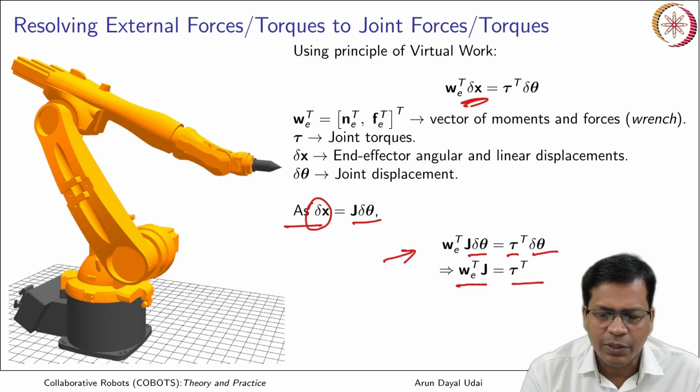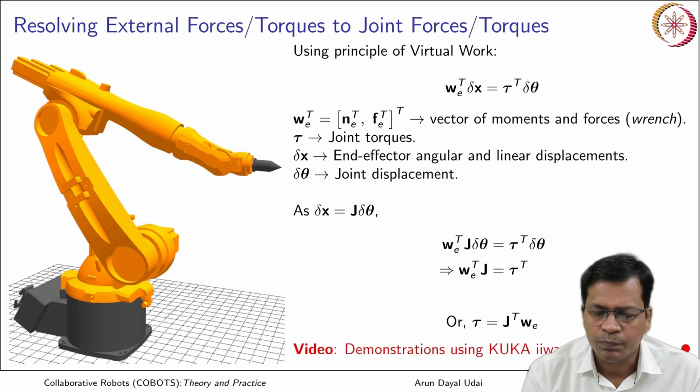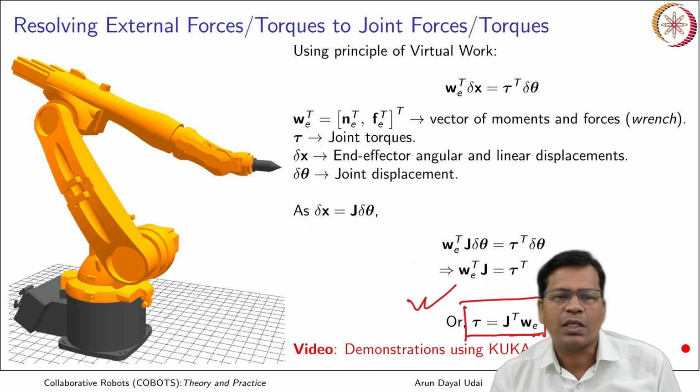Mind it, the Jacobian can be a square matrix or may not be a square matrix. In that case you have to use J dagger, the pseudo-inverse, if you want to calculate the wrench for the corresponding joint torque. So tau is equal to J transpose of W_E. This is one of the most fundamental equations which we are going to use in control later on.